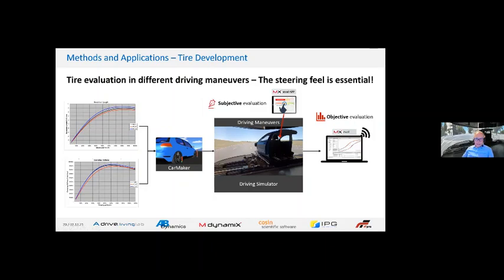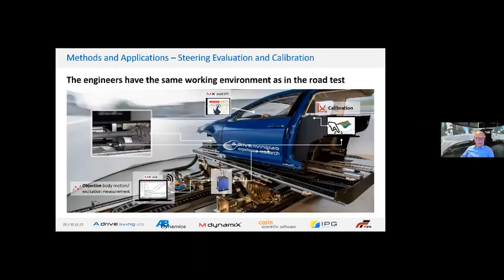There are many disciplines for that. And in parallel, we have developed a nice app so that the test driver can do the evaluation directly in the car, and in parallel we can also analyze the tests in an objective way. So this is a typical setup for tire testing. We can also mix subjective and objective testing in the virtual environment.